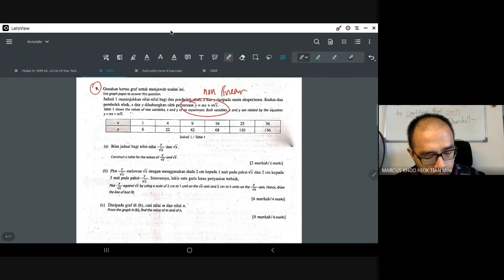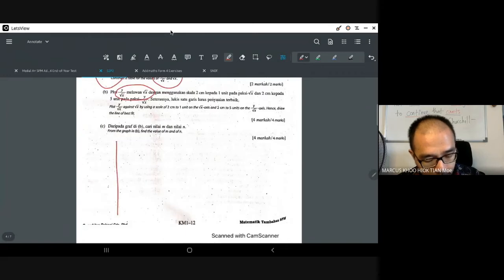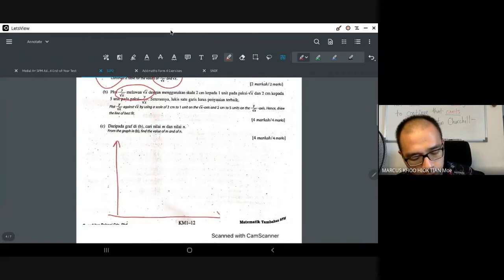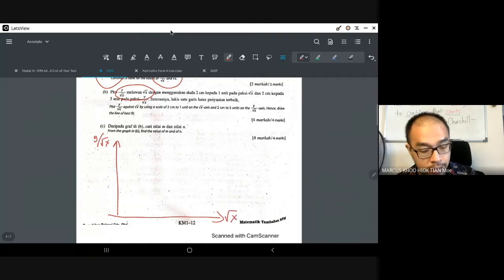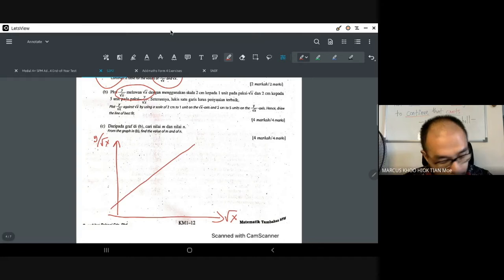Okay, kalau dia suruh kamu bina jadual, construct a table of y over punca x and punca x, and then lepas itu dia suruh kamu lukis begini, you know that, okay, those of you who are going to try, I'm just going to roughly draw this one for you. So y over square root of x, and then this will be square root of x. Okay, the graph will look like this. Okay, with a y-intercept of 2, about.